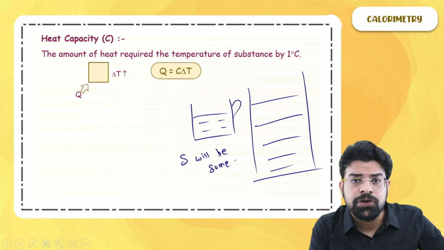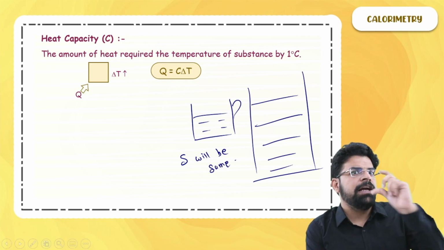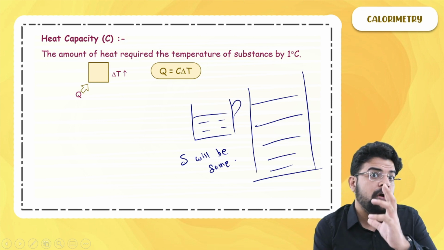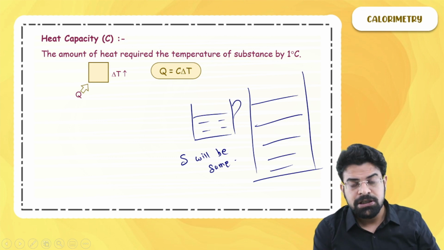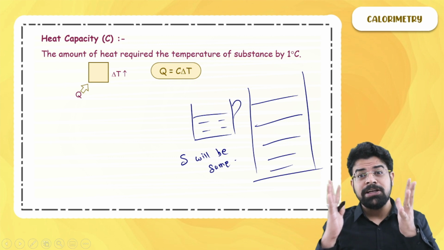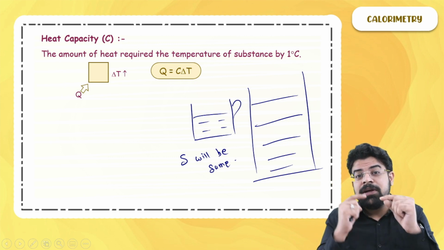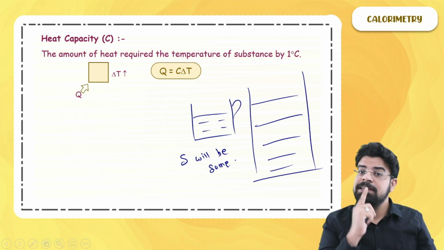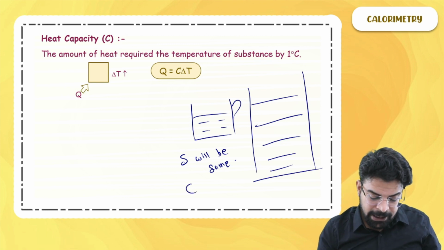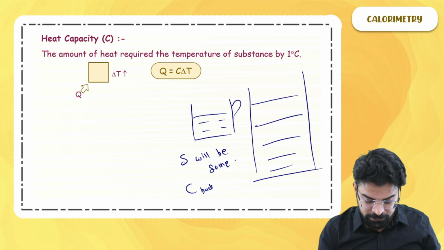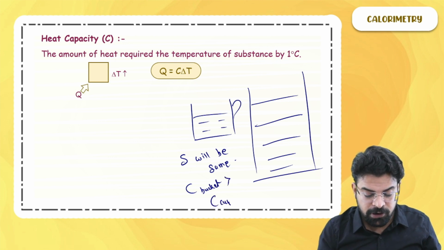If I ask you, a cup of water has higher heat capacity or a bucket of water has higher heat capacity, you will say, sir, the bucket of water has more mass of water. So you have to provide more amount of heat to increase its temperature by 1 degree centigrade. So you will say the heat capacity of bucket of water is more than the heat capacity of cup of water.